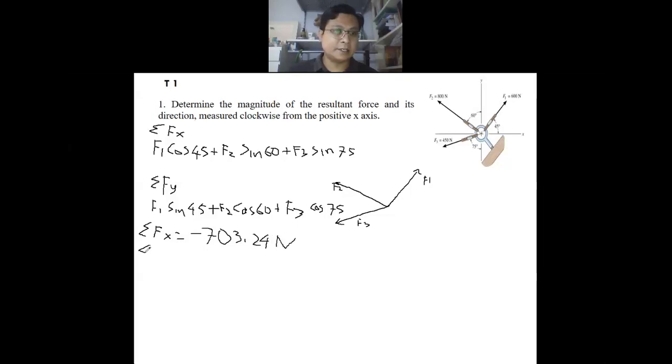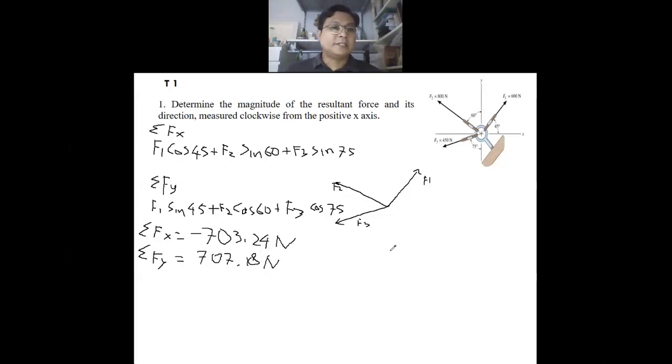And then Fy I got, okay, you can calculate by yourself in this part. I got 700.78 meter.